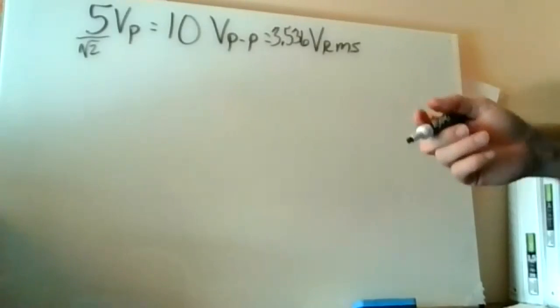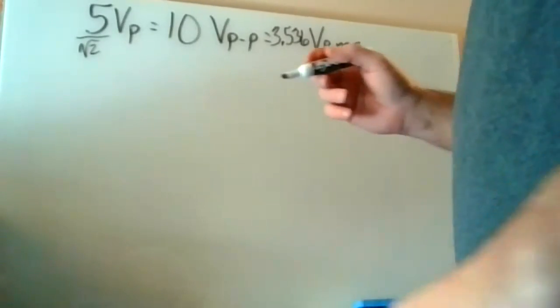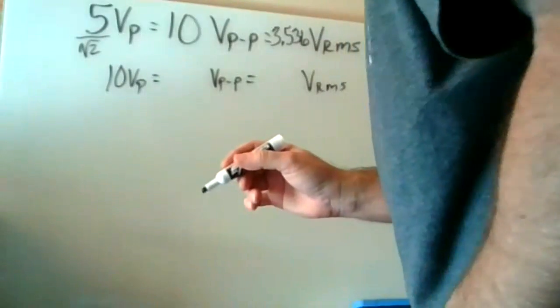Okay, so let's start with Francisco. You got 10 volts peak. I want to know voltage peak to peak and VRMS. Then I got Mike. You got 15 volts peak, peak to peak, VRMS.